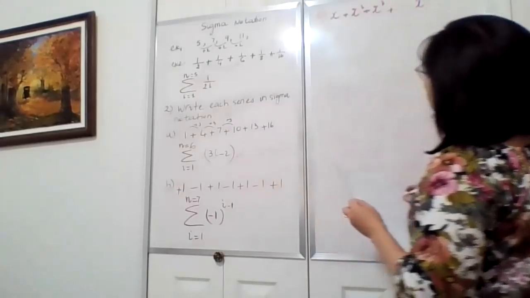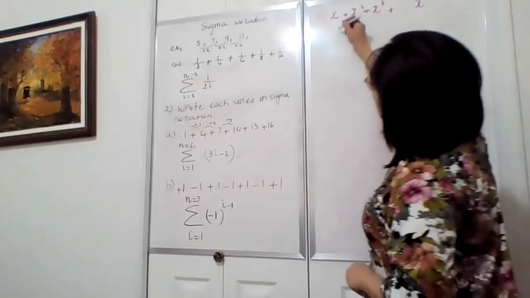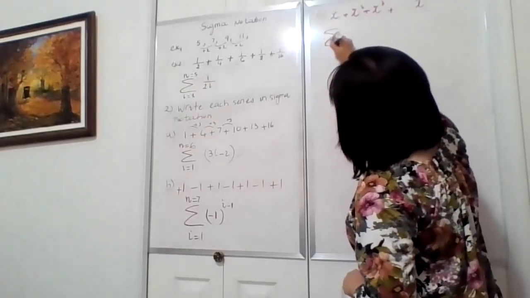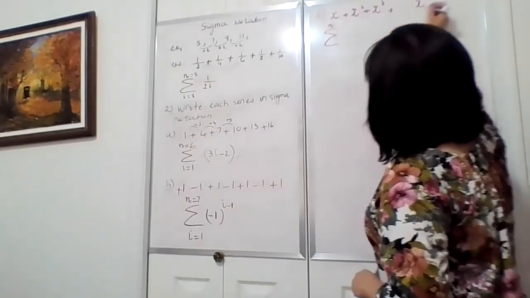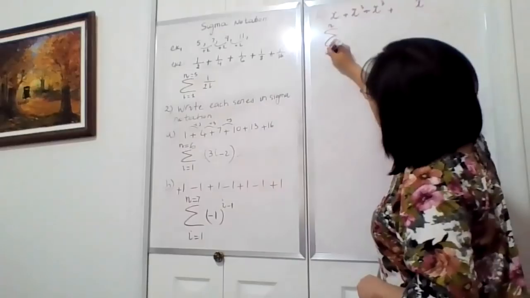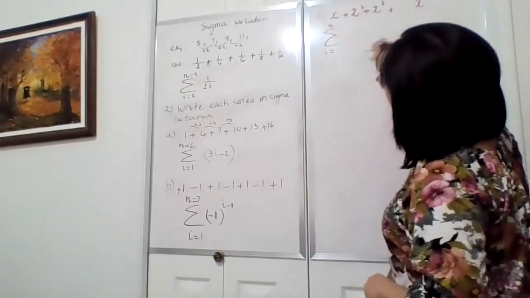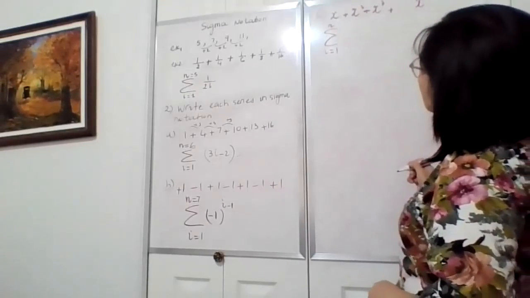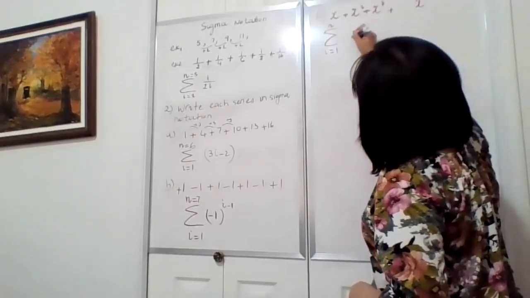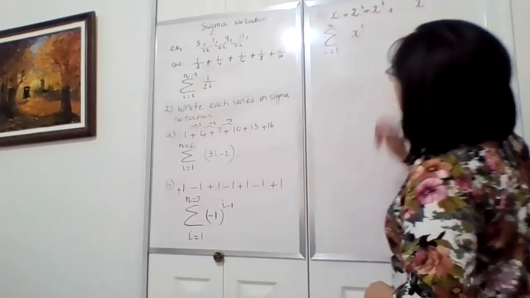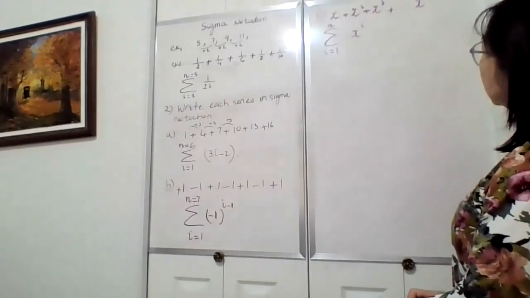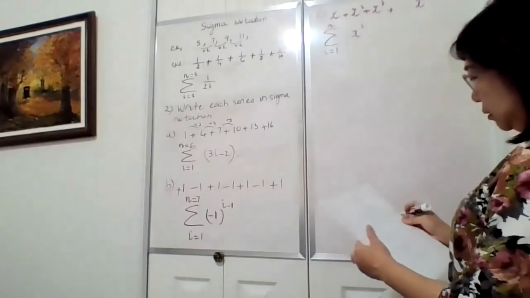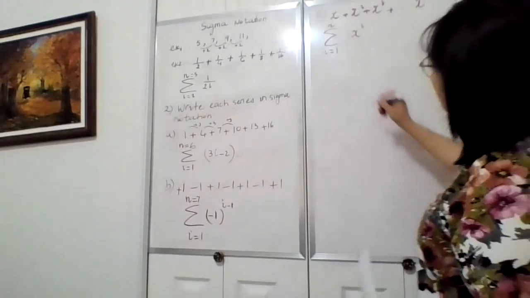So how are we going to write the sigma notation? So we'll write this, right? And we just say n here because we don't know how many terms there are. And let's say I equal 1. So can we say this is x to the power I? I think so. Should be okay, right? So that's it. That's an easy one.